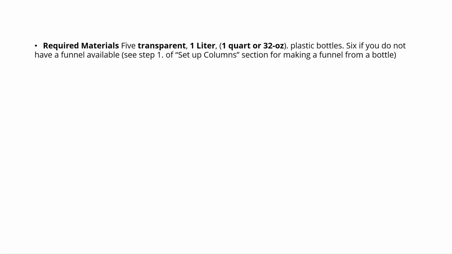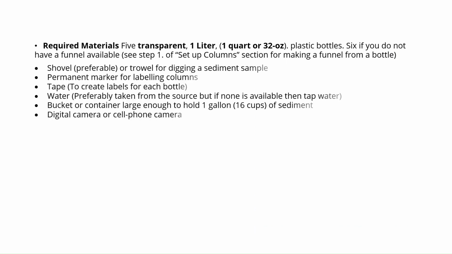If you do not have a funnel at home from your kitchen or somewhere that will fit inside of the mouth opening of the bottle, you're going to need a 6th bottle. And that's to create a funnel out of it, which you'll be able to see in your setup column section on how to make a funnel from a bottle. Other components you're going to need. I originally had certain parts of these highlighted in red for what you needed, and black we would have in the lab.